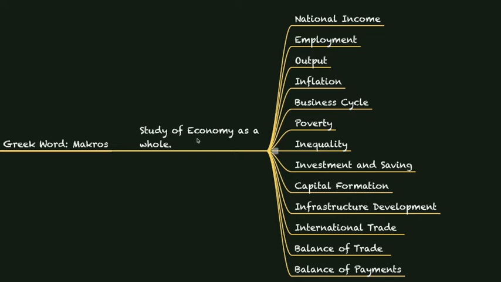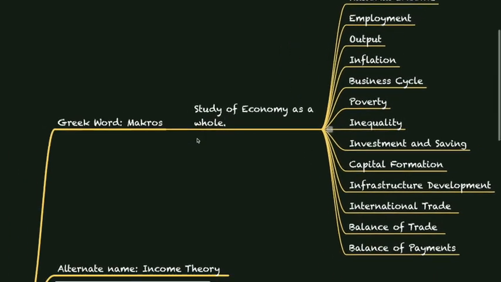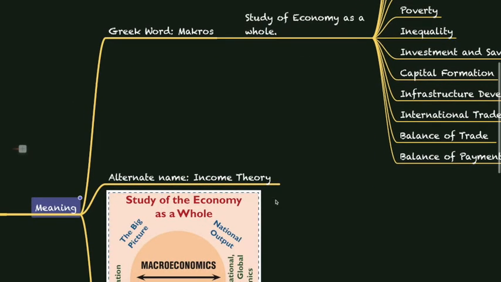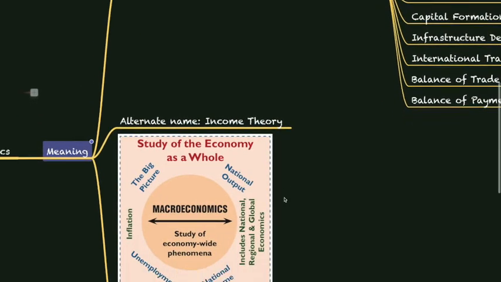All these things are not studied in microeconomics. They are only studied in macroeconomics because we are studying the economy as a whole instead of different singular aggregates like national income, employment, and such. There is also an alternate name for macroeconomics, which is income theory.